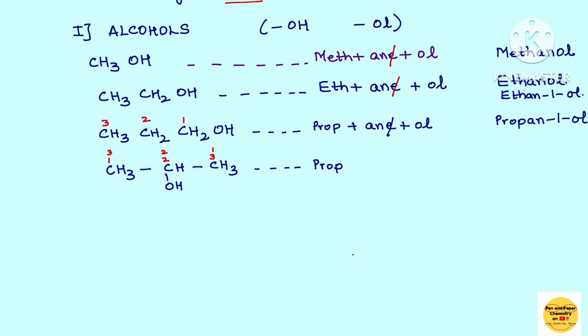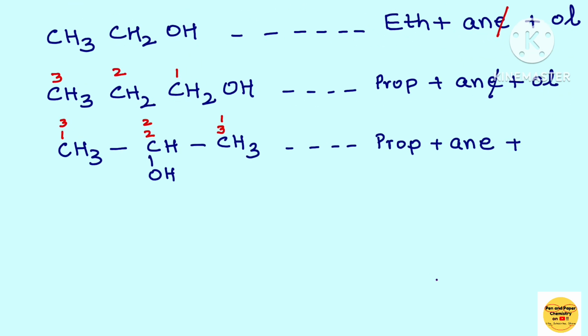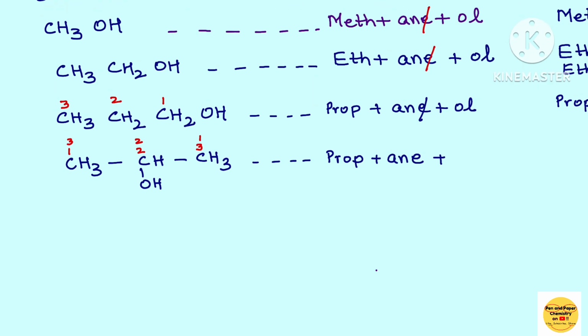Saturated, unsaturated. Look, are there any double or triple bonds over here? No. So it is saturated. What is the primary suffix? Ane? Yes, it's ane. Now look at the functional group. What's the functional group over here? OH. So what does OH stand for? Ol. Okay.